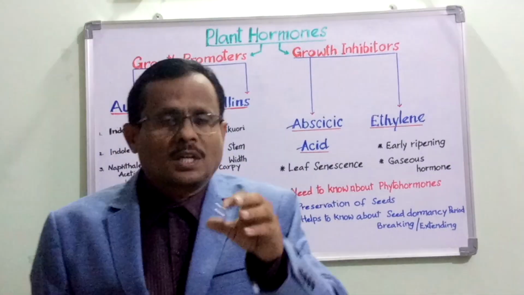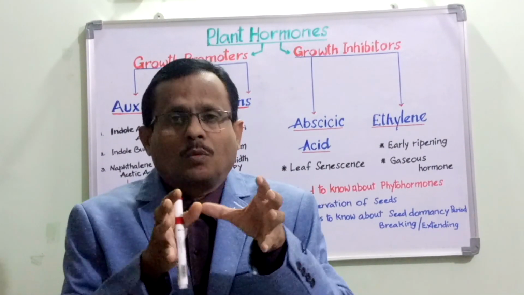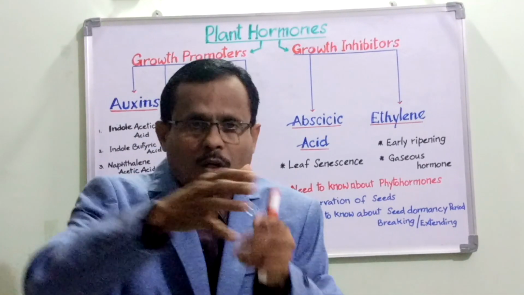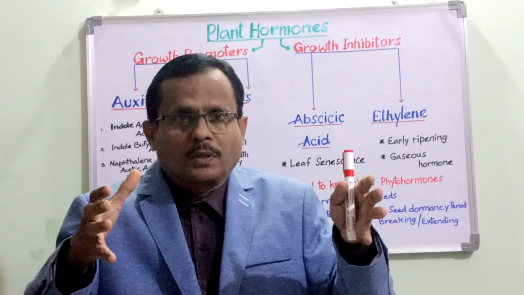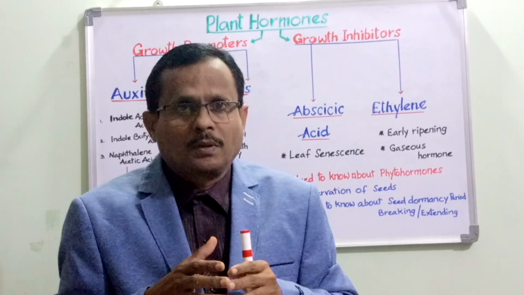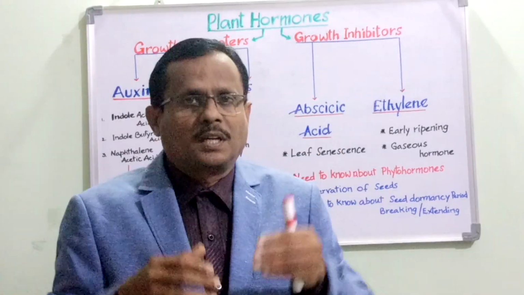So gibberellins are responsible for the increase in the width of the plant, or the perimeter of the stem or the root. The plant body will be enlarged, it bulges due to the addition of more and more cells. The cambial cells will be added up by the action of gibberellic acid.